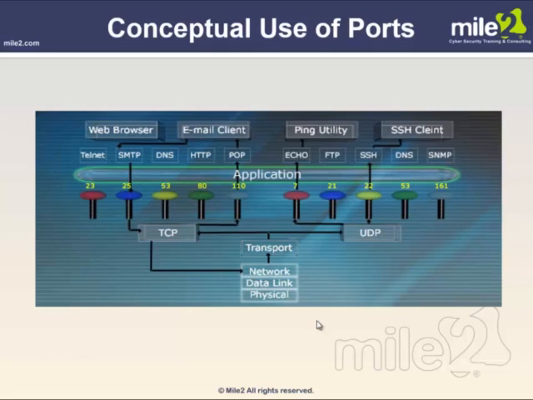And some services will use both UDP and TCP. For instance, DNS will use UDP and TCP port 53, which is for your domain name service, as in this allows us to possibly do zone transfers and things like that. So again, knowing those port numbers will definitely assist you in answering certain questions correctly.